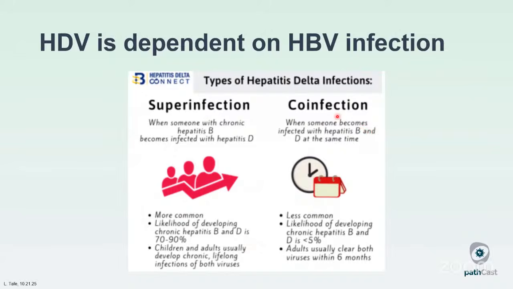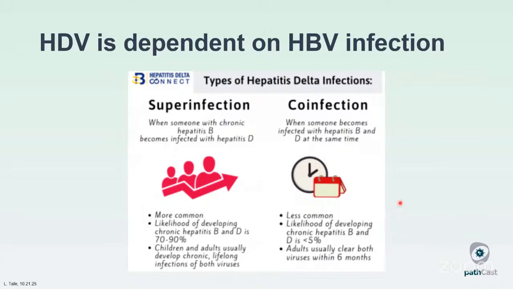A co-infection is when someone becomes infected with the two viruses simultaneously. This seems to be a little less common, with a lower risk of developing chronic disease overall, and usually both viruses are able to clear within 6 months or so.